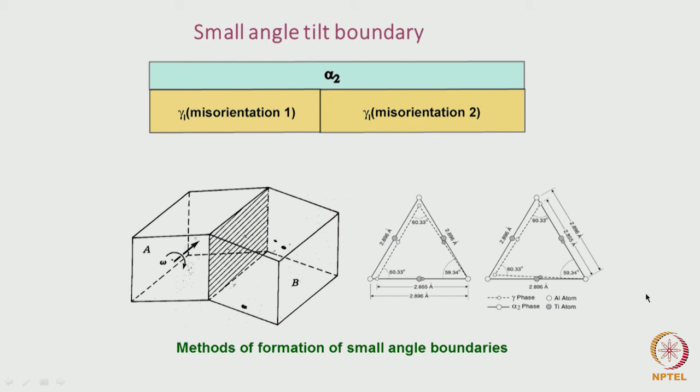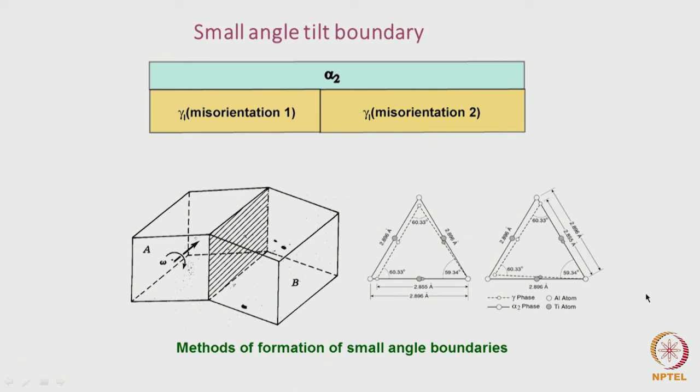Like suppose I take that there is a tetragonal lattice. This is another variant which has nucleated. This is the C-axis. If these two come and join together, assume that the C by A ratio is slightly greater than 1 or less than 1, the interface continuity has to be maintained.